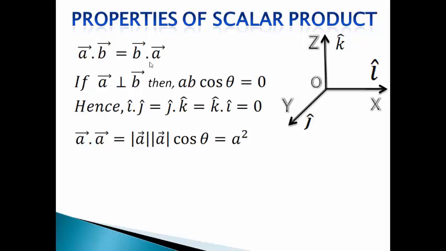Next one, A bar dot A bar is nothing but magnitude of A bar into magnitude of A bar into cos theta. The angle between A bar and A bar is 0 degree, hence cos 0 is 1. So A bar dot A bar will be simply A square. Hence i dot i will be equals to j dot j will be equals to k dot k, and that will be equals to 1.